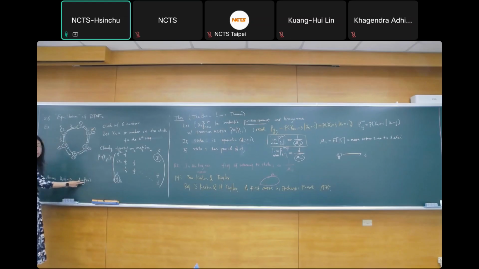This is not the n-step transition. The n-step transition is here. This is asymptotically where you are. Basically, initially I know where I am: I'm at spot 2 on the clock. I ask you, if I cover my eyes and just like a drunk person randomly walk, say 10,000 steps, can you imagine where I could potentially be?